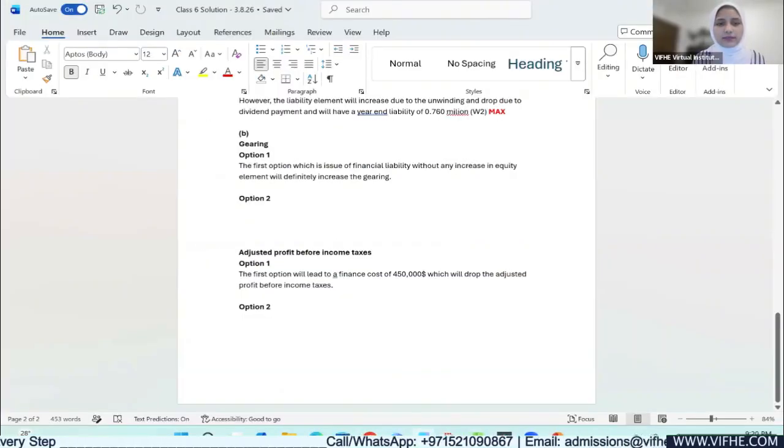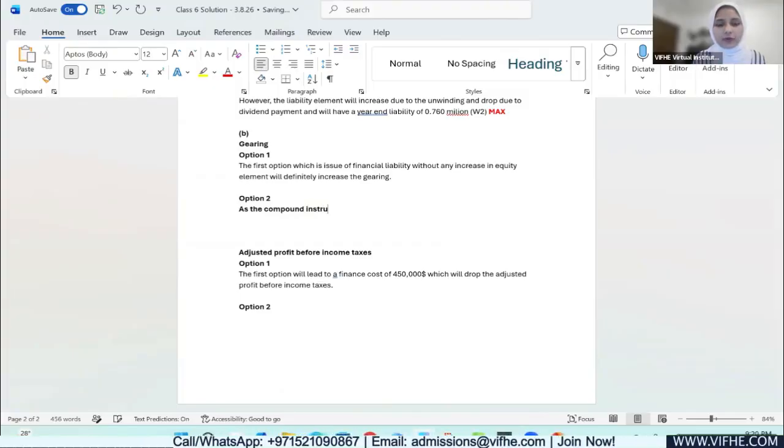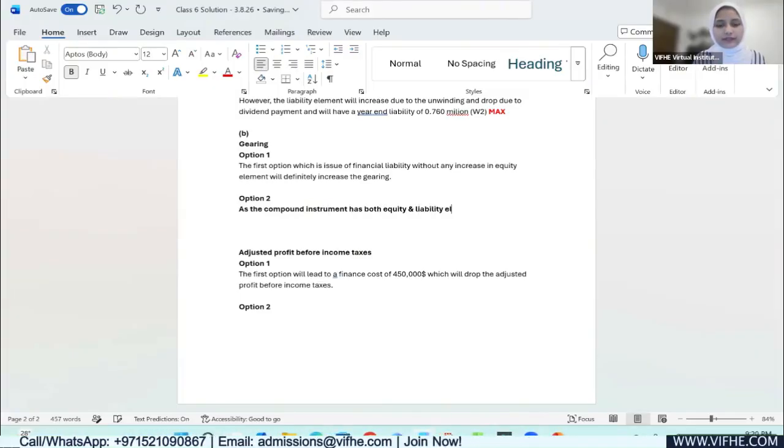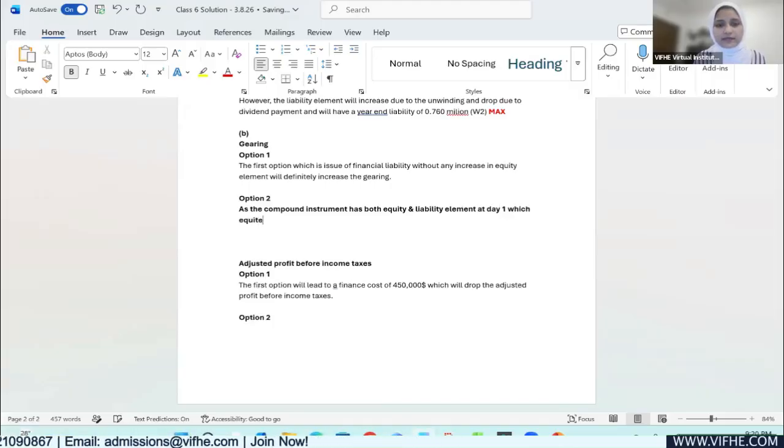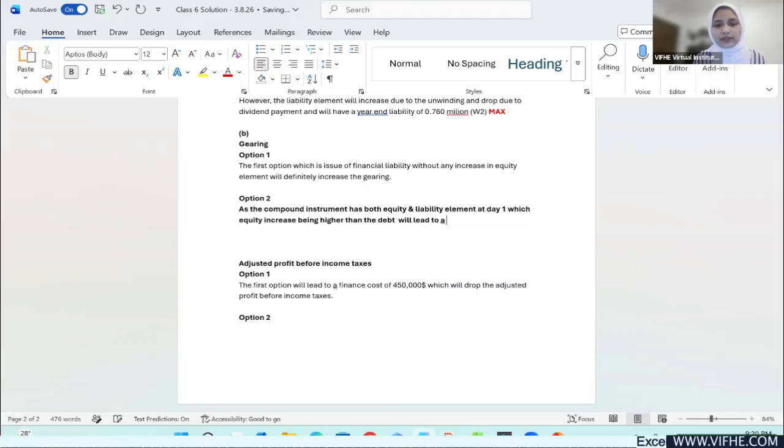So option 2, the compound instrument, has both equity and liability element at day one, with equity increase being higher than the debt, and will lead to a drop in gearing.